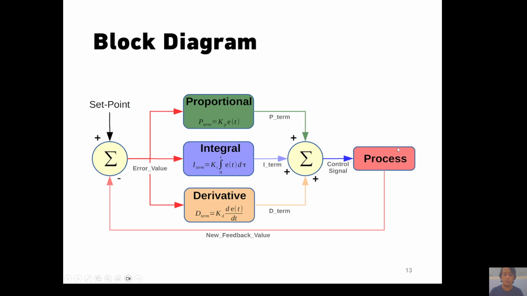We call it the process, and the output of the process is y of t. From the process, we feed it back to the sum with the set point, with a minus sign.